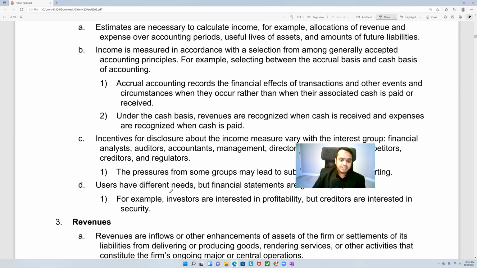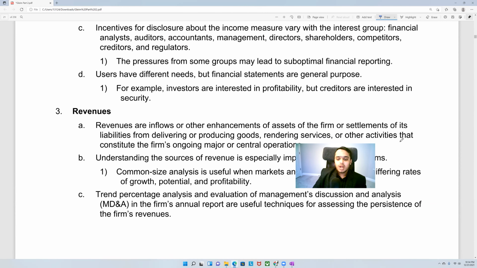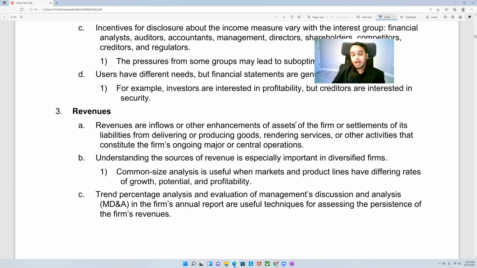Your estimates should be right. How is the revenue flowing in? Is it enhancing the assets of the organization, or is it just going to come in? If revenue is coming but is only collectible, that's not good for the business at all.